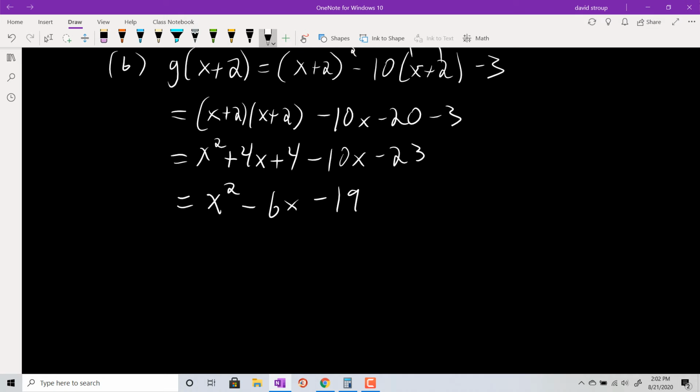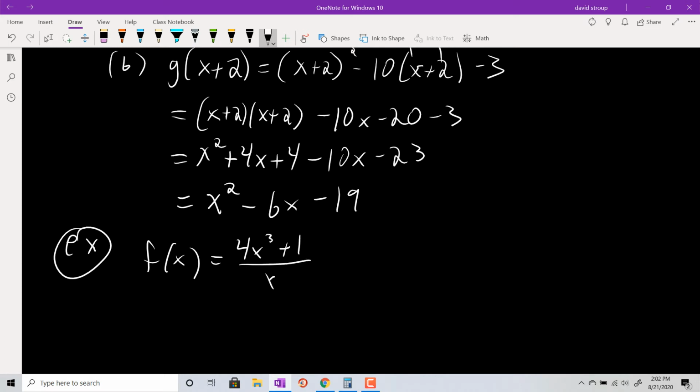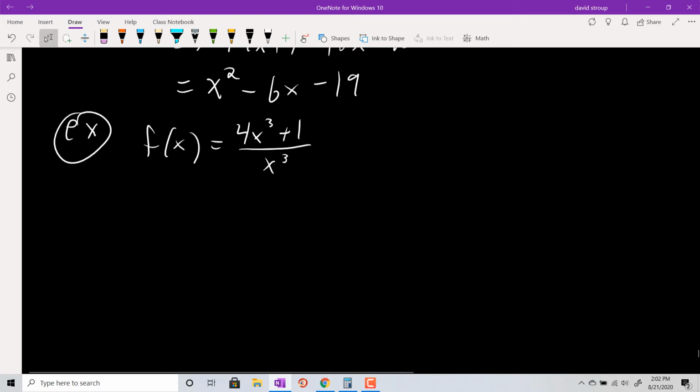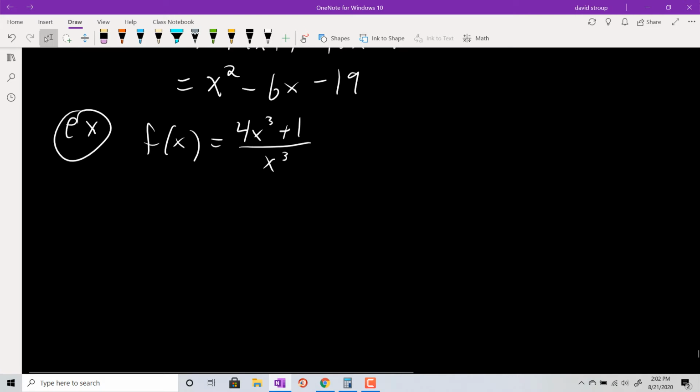Okay. All right, let's look at one more. This is a rational expression. So f of x is 4x cubed plus 1 all over x cubed. Okay, so first f of 2. So wherever I see the x, I'm putting in 2.